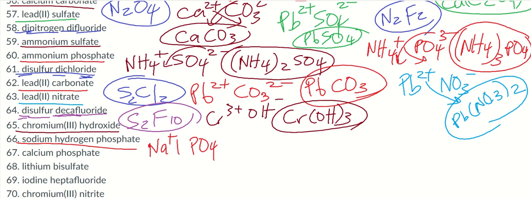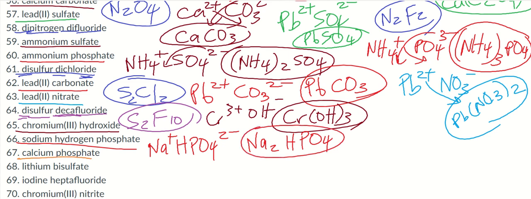So let's have that proton and then increase that charge by 1. So now let's crisscross these charges. And it's going to be sodium 2 and then 1 biphosphate or 1 hydrogen phosphate, PO4. All right, let me just take another look here. Everything is good. Yep.